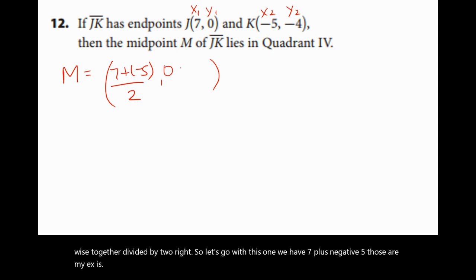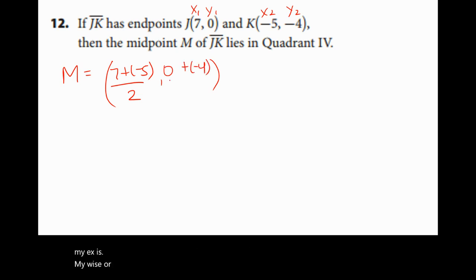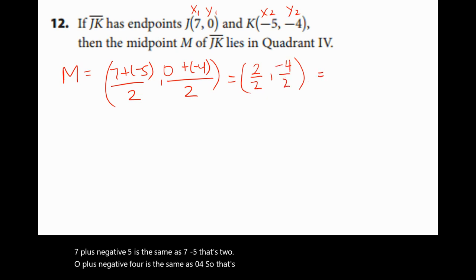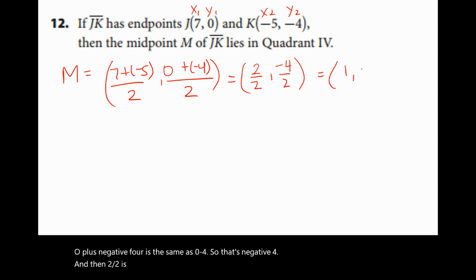My y's are 0 and negative 4, so we're adding them together. 7 plus negative 5 is the same as 7 minus 5. That's 2. 0 plus negative 4 is the same as 0 minus 4, so that's negative 4. And then 2 divided by 2 is 1. Negative 4 divided by 2 is negative 2.